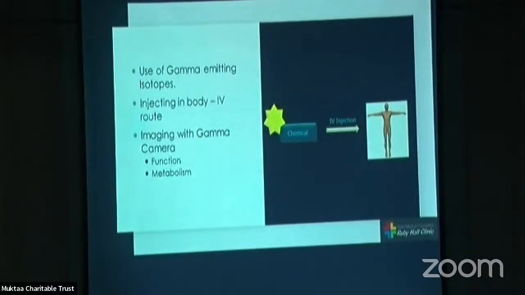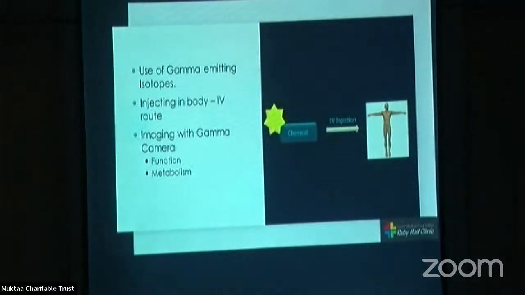This joining of the radioactive isotope and the chemical is done outside the body. The marriage is done, and then it is sent into the human body by an intravenous injection. What happens after that is we image what is called the function and metabolism inside the body.